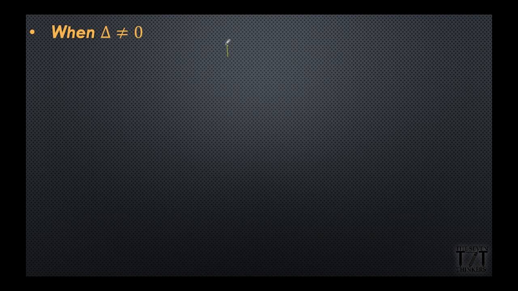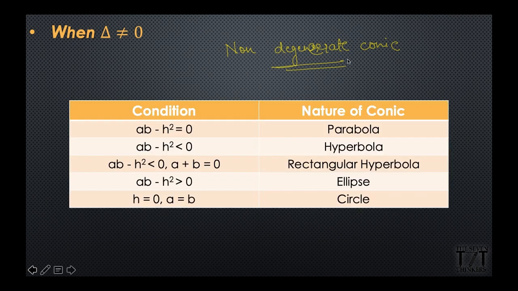This case is for non-degenerate conic. So first of all, in this lecture, we're going to learn what are non-degenerate conic. So this is the table for non-degenerate conic. These are the conditions which are necessary to find the nature of conic.